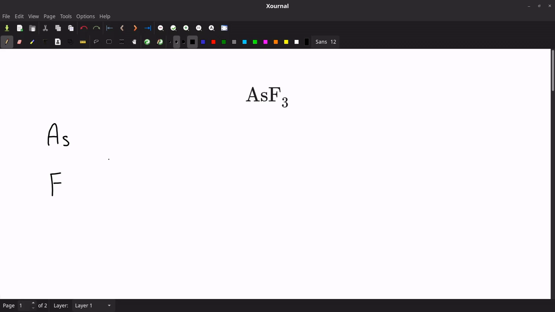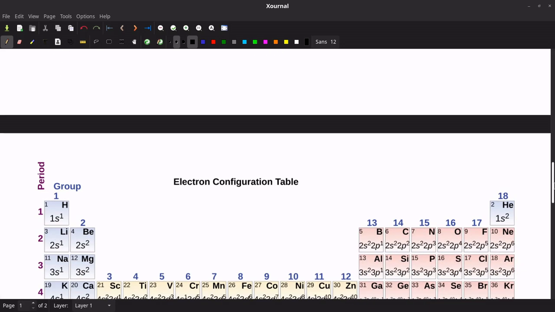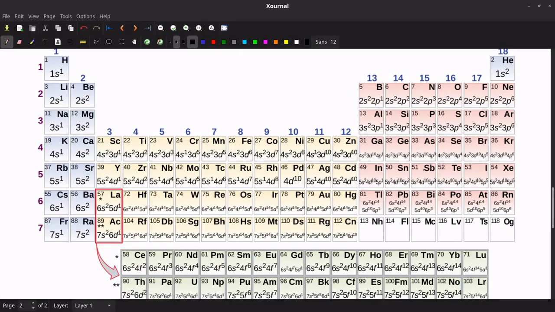Next I'm going to want to write out their electron configurations. If I come down here, we can see that we have arsenic here, 4s2, 3d10, 4p3, and that's going to have an argon core.